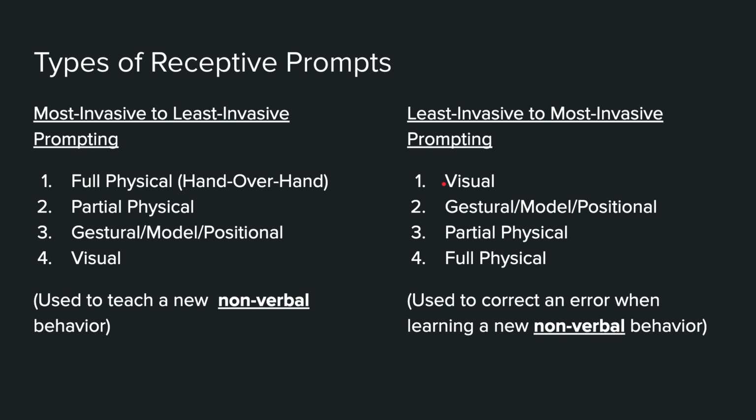Then we moved down and increase the invasiveness of the prompt until we get the response that we want, which is touching the dog in this example. So we didn't get them to touch the dog with just the visual prompt. So then we moved to a more invasive prompt with our gestural, and then if we didn't get the response then we'd move to a partial physical prompt, and then if necessary a full physical prompt to help the child perform the correct behavior.